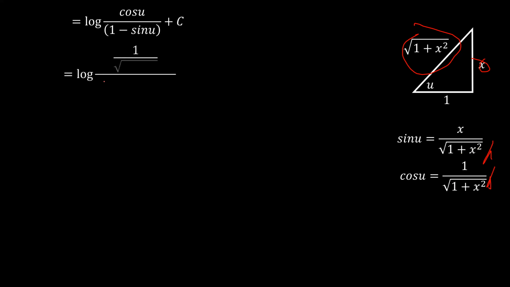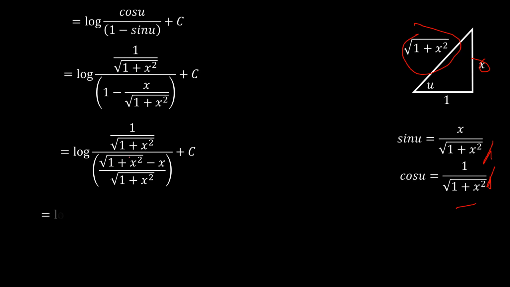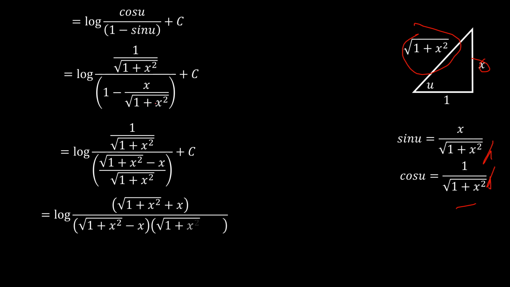And so we have natural logarithm of 1 over square root of 1 plus x squared for this, over 1 minus x over square root of 1 plus x squared in place of sine u. So multiply both the numerator and denominator with root of 1 plus x squared.